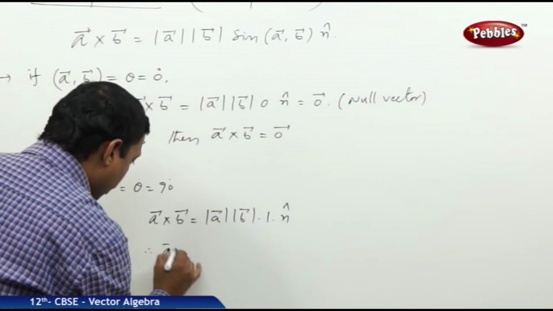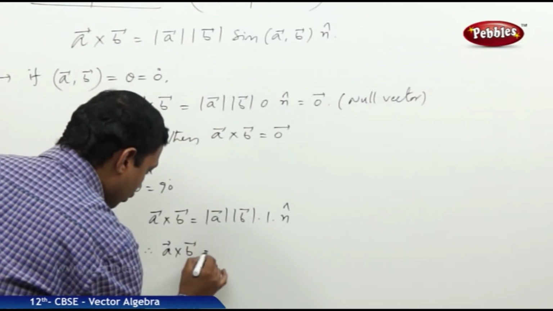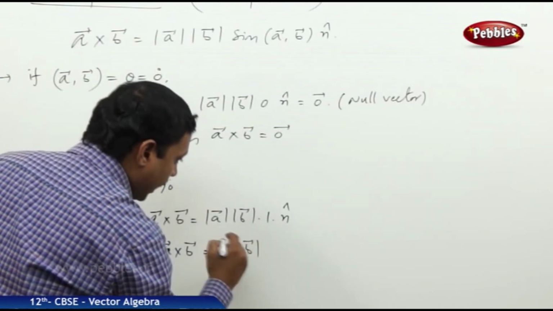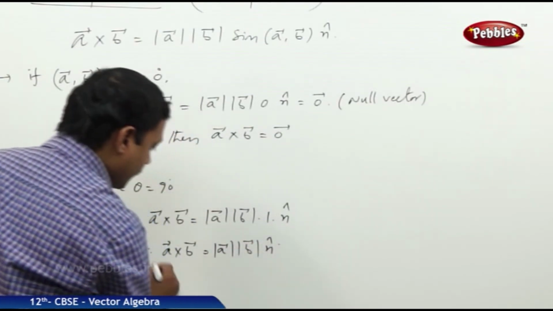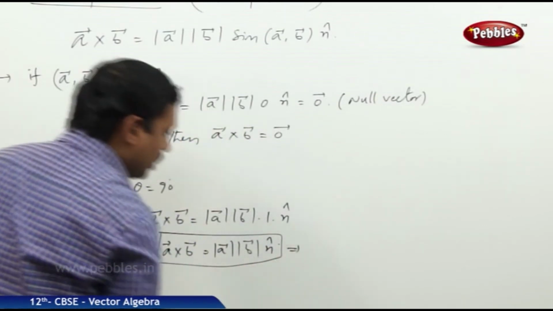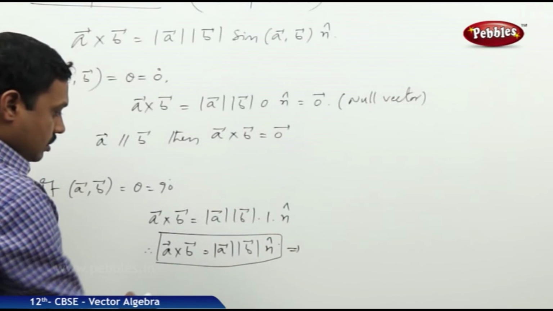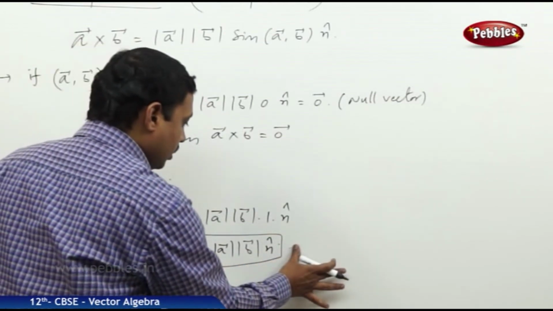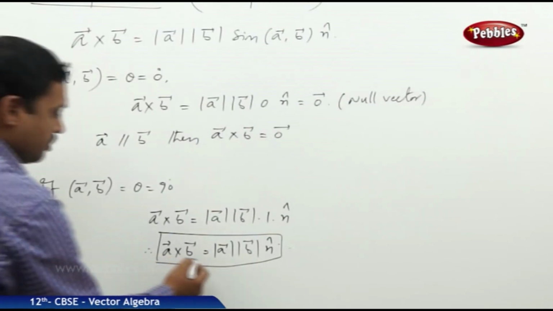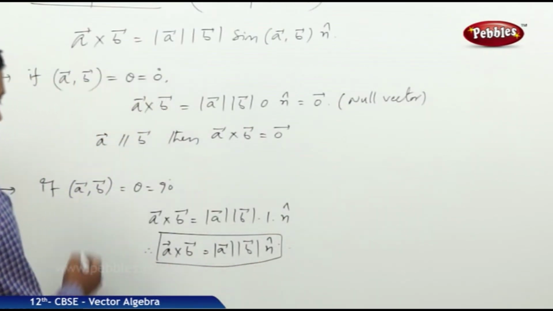Therefore, A cross B is equal to mod A mod B into n cap, or some scalar into n cap, some lambda into n cap.